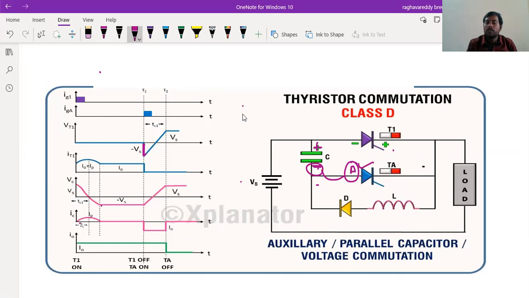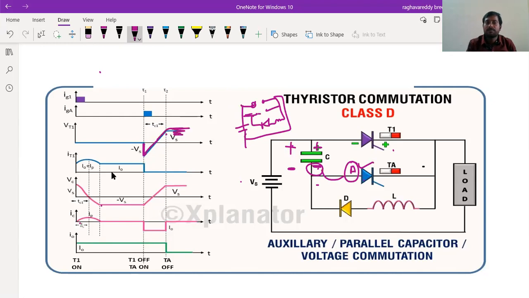This will be open circuited, and the final circuit will be like this. This is the final circuit, so that there is no path for the current to flow. So the capacitor is charged in this direction, positive and negative, and the voltage across the thyristor T1 is positive.